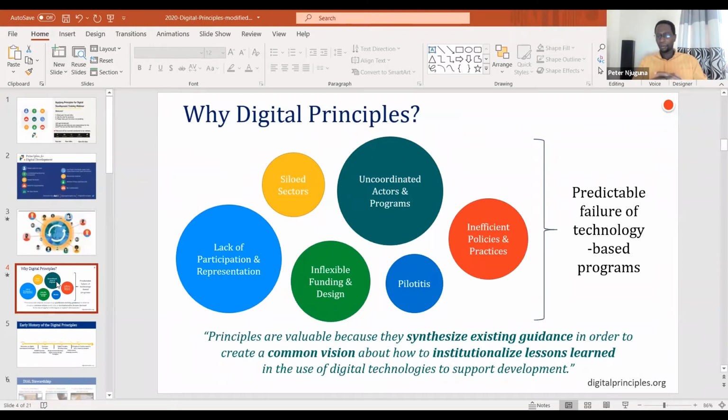And some of these problems were due to several reasons, and the result was a lack of participation and representation in that process of developing solutions and adopting them in the programs, projects and initiatives by international development organizations.